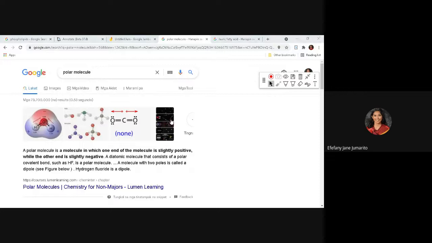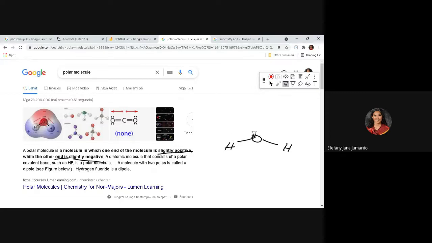A polar molecule is a molecule in which one end is slightly positive while the other end is slightly negative. Now we have here our water. Water is H2O. This is the structure of your water. It's bent in shape.